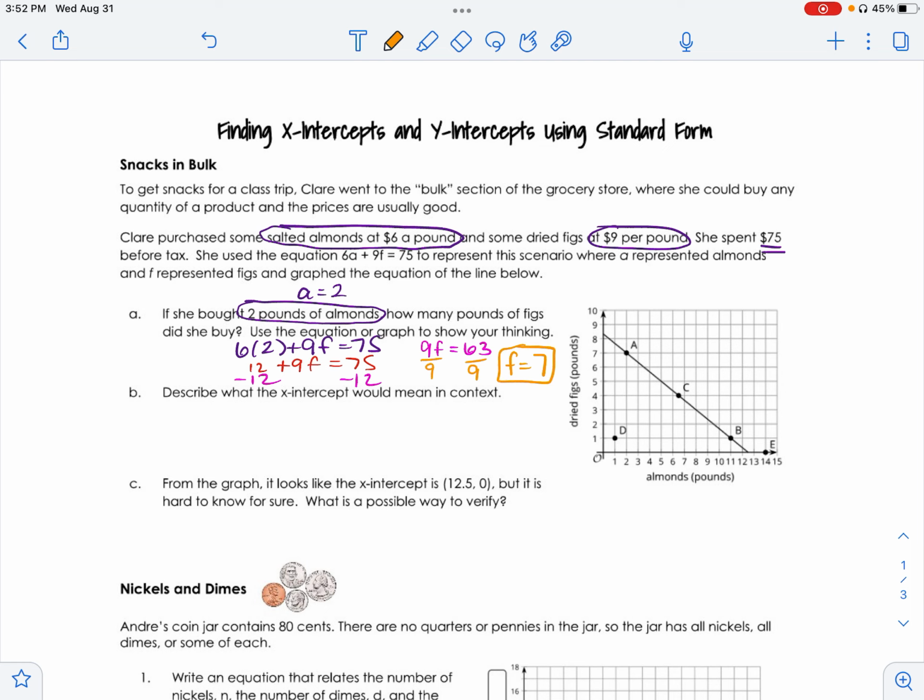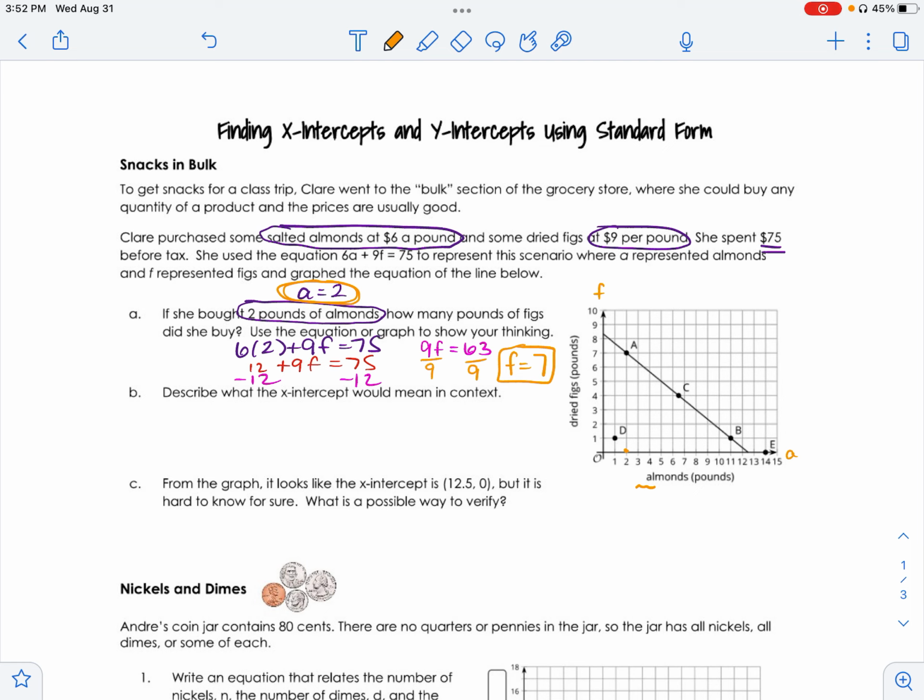Now, how does that relate to the graph? Well, if I'm going to look for a equals 2, back to the start of the problem, I could look on the graph for 2 on the a axis, I guess we could call it, because this is the almond. So this is like our a axis, and this would be like the f axis instead of x and y.